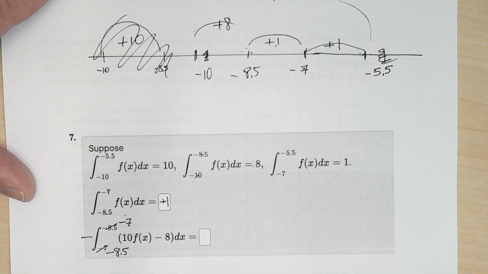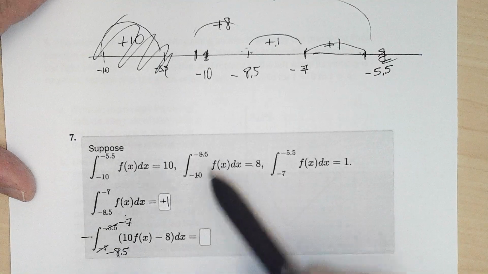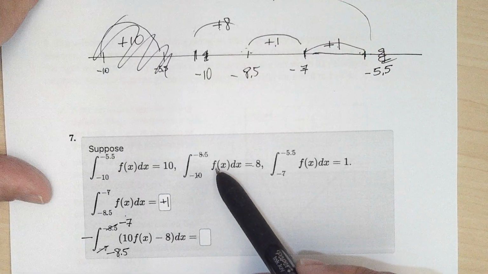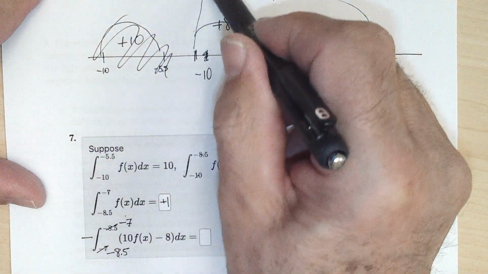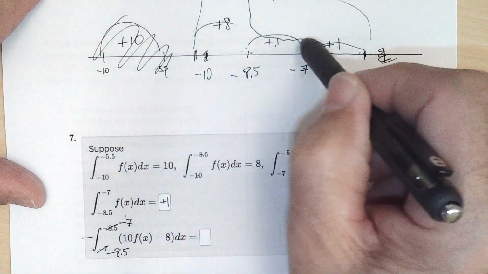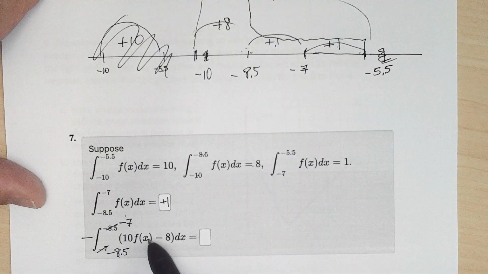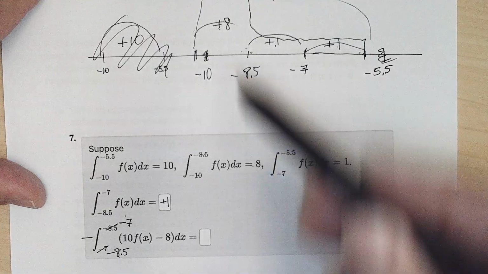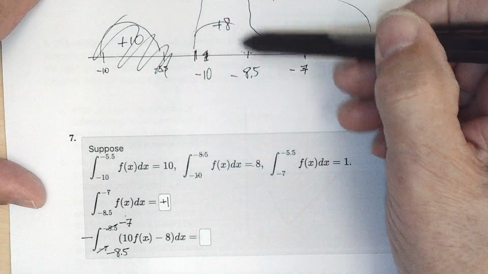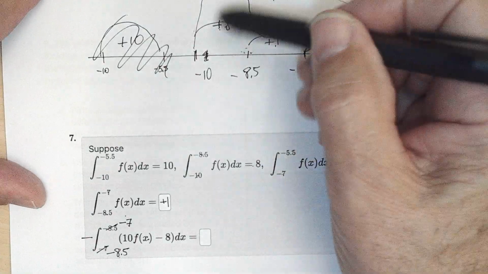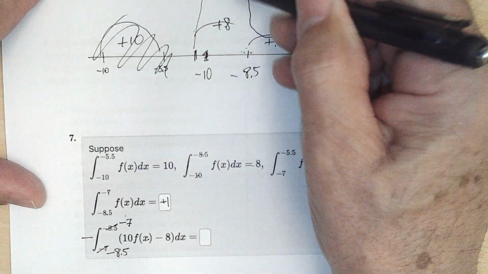So if I take whatever this graph looks like, that has a lot of area here, and then only 1 in the last two parts, and multiply by 10, the area here will not be 8, but would turn into 80.